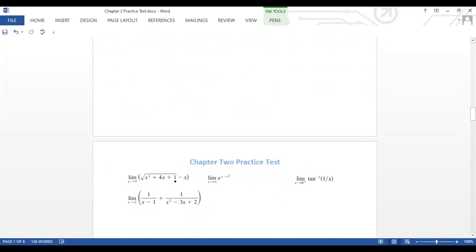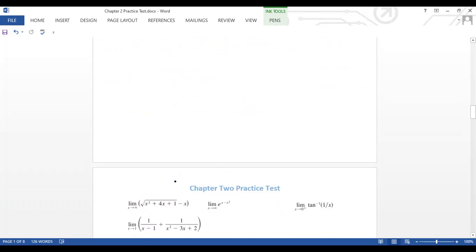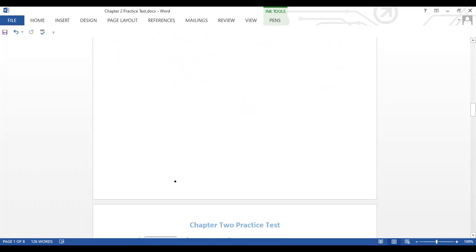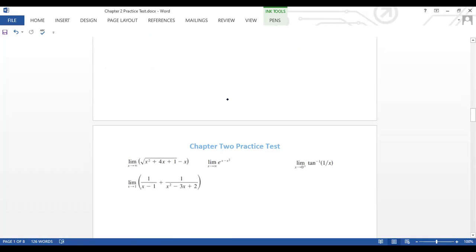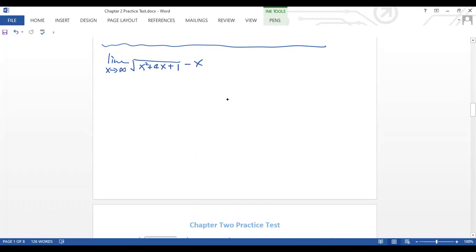Now let's take a look at the last set here. This one is the limit as x approaches infinity of the square root of x squared plus 4x plus 1, minus x here. Right, okay, so now let's take a look at how we do this one.